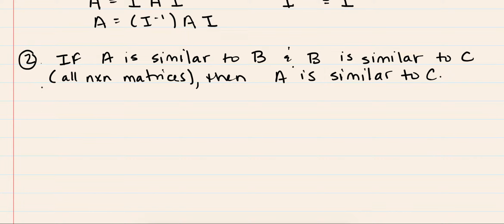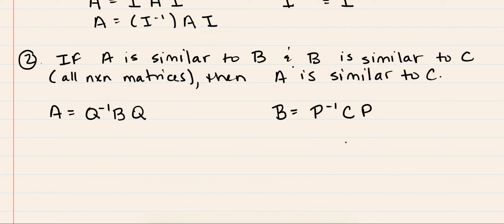Well, since A is similar to B, we know there exists a matrix Q that's invertible, such that we have this property. But at the same time, B is similar to C. So there exists another matrix. It may not be Q, we could call it P, so P inverse C P, where P is invertible, because B is similar to C.